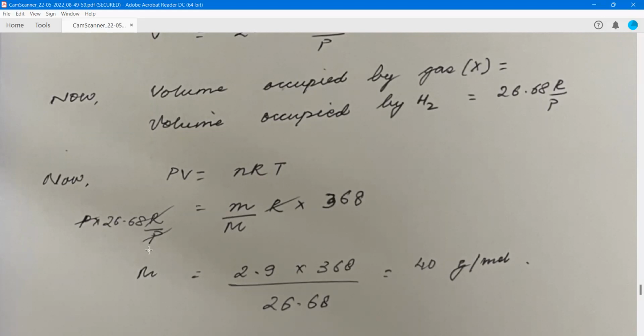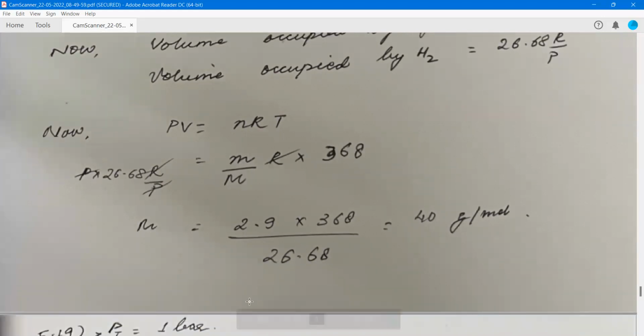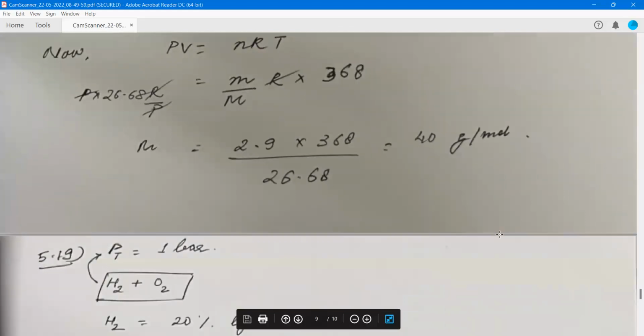Then pressure gets cancelled, R also gets cancelled, and you are left with only one variable, that is molecular mass. By solving this equation, the molecular mass comes out to be 40 gram per mole.